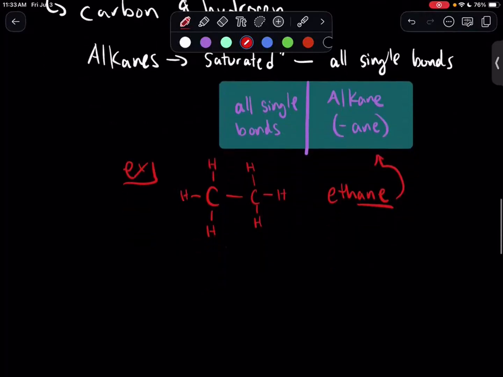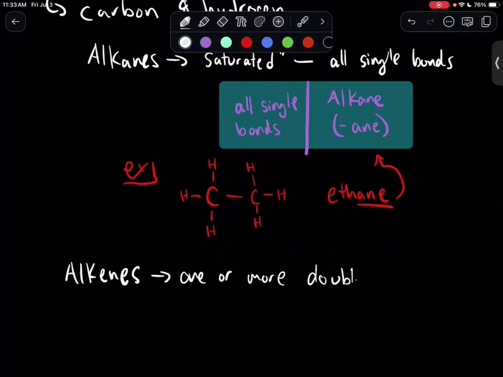All right, moving on to our other type of hydrocarbons, alkene. Alkenes. These have one or more double bonds. And we will replicate our note card here.